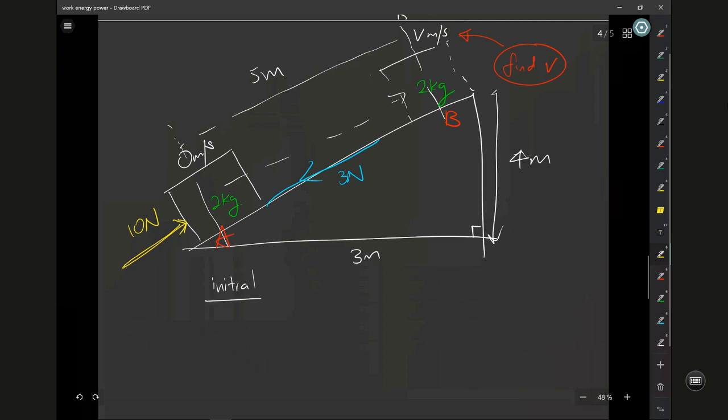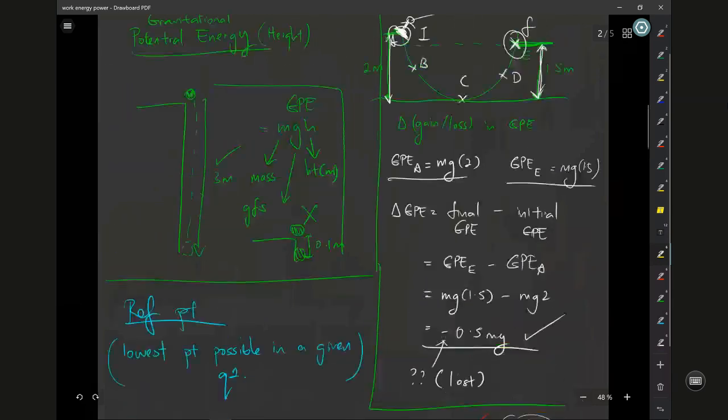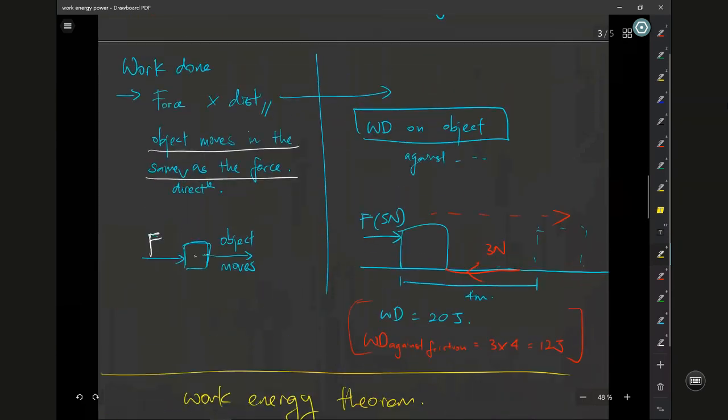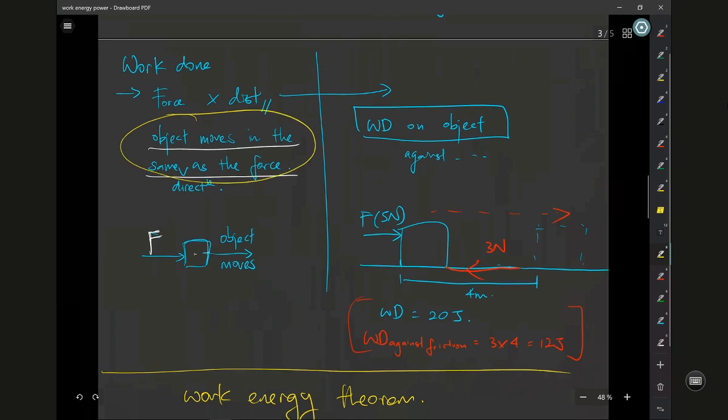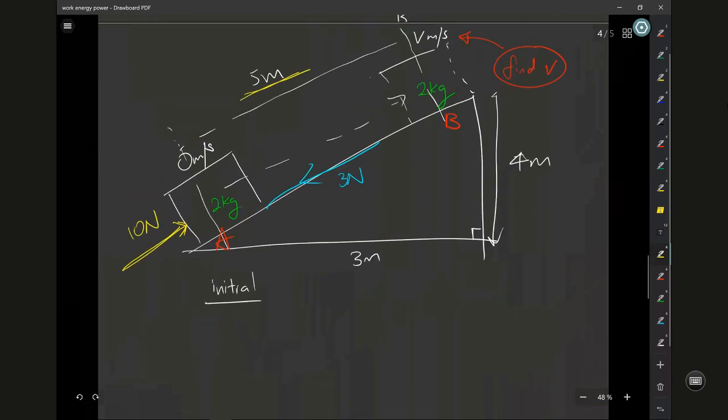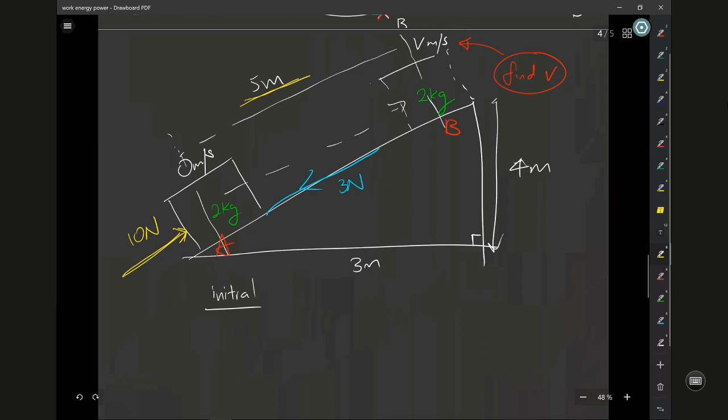But if you have not considered the distance as 5, then please go back to the concept of work done and realize that the object must move in the same direction as the force. The only way the object can move in the same direction as the 10 newton is that it moves a total distance of 5 meters.